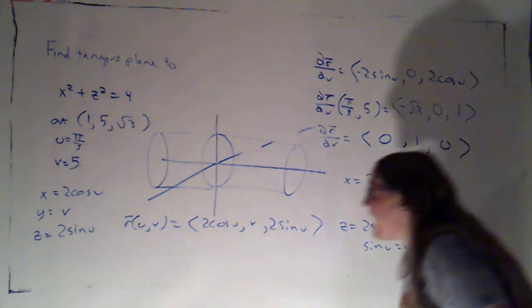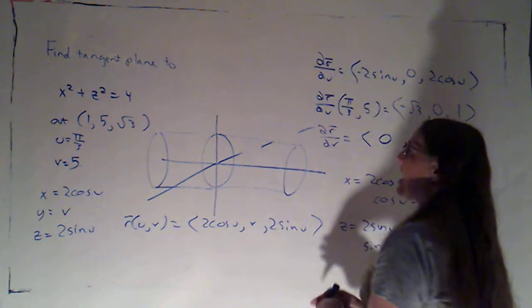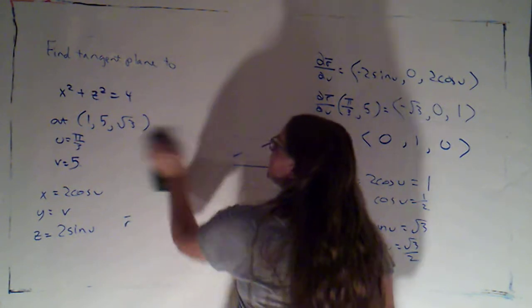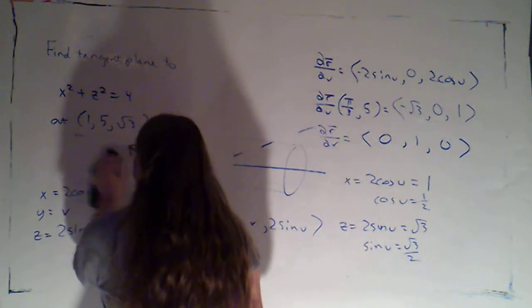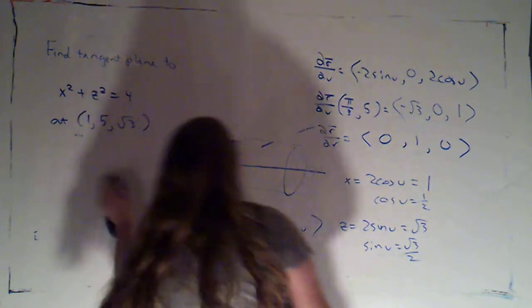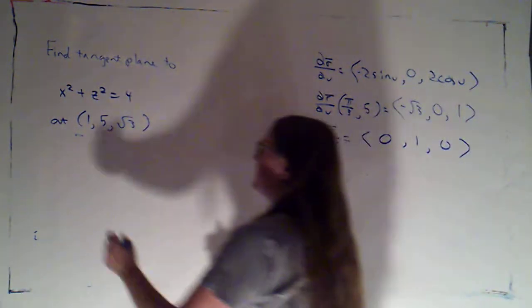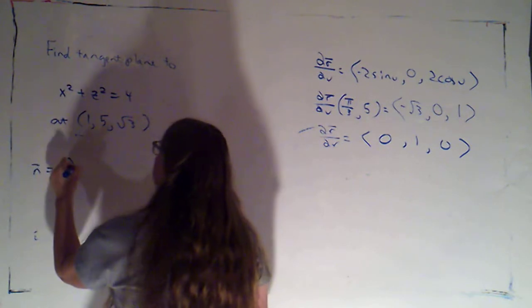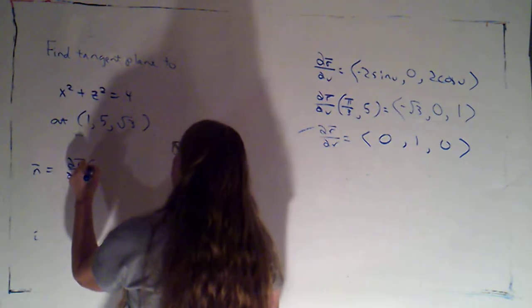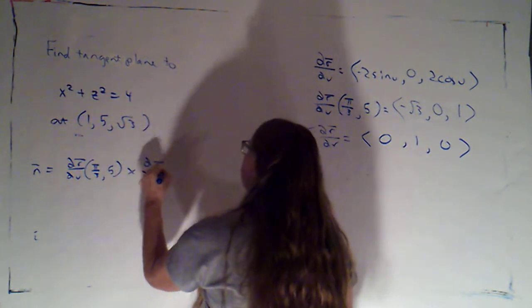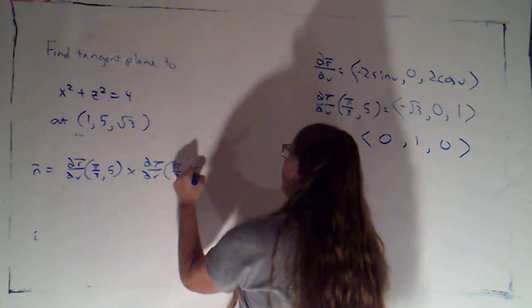Okay. All right. So now I'm able to say that my normal vector is just going to be the cross product of these two vectors. So n is del r del u at (pi over 3, 5), crossed with del r del v at (pi over 3, 5).